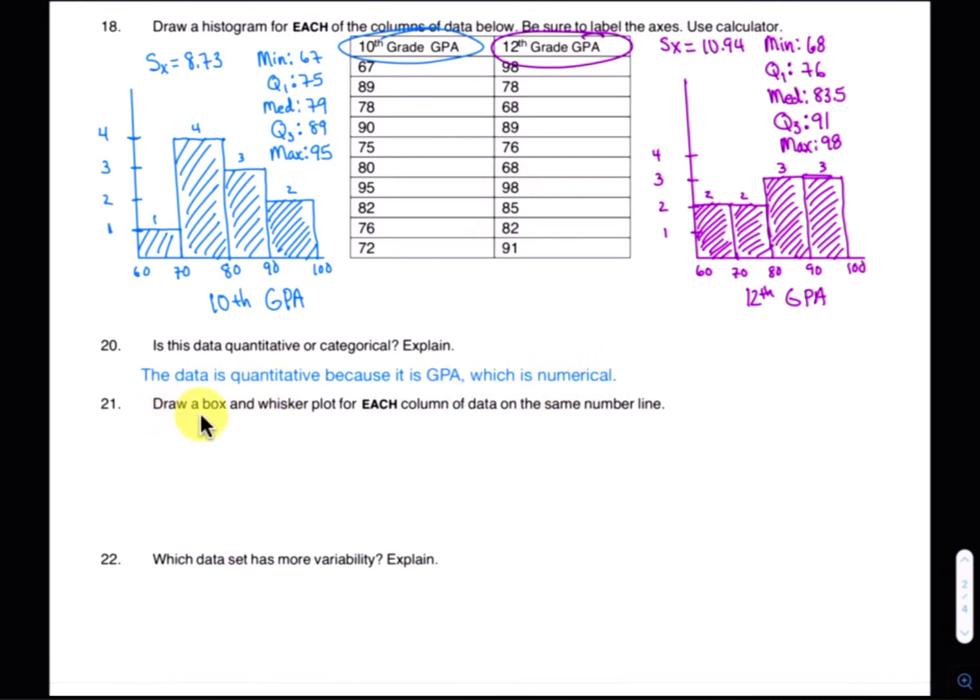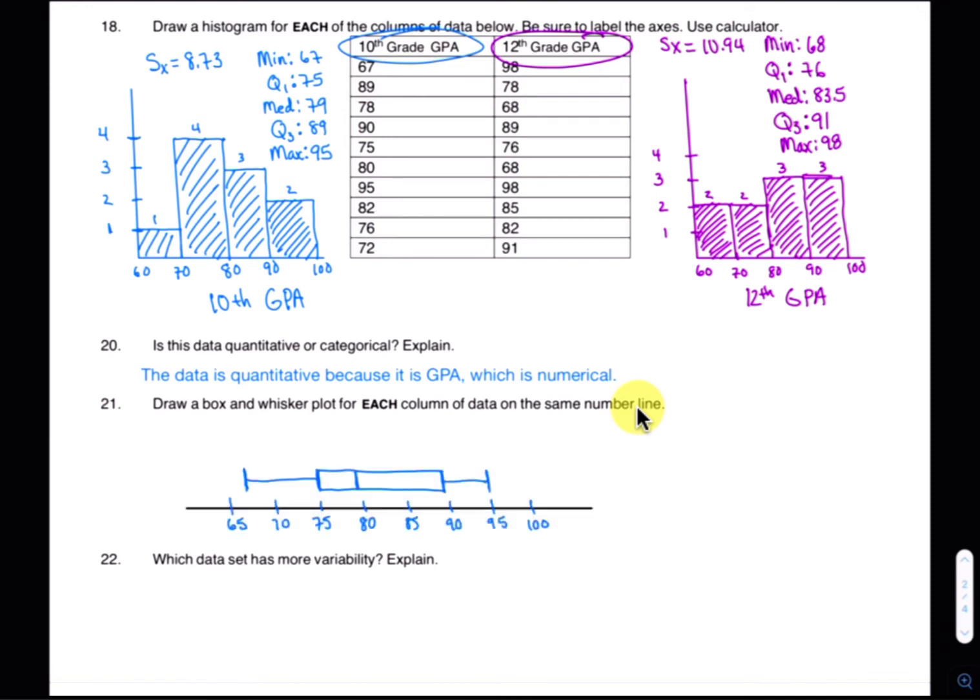Number 21, draw a box and whisker plot for each column of data on the same number line. First we draw a number line and we go from 65 all the way up to 100, because none of the numbers are as low as 65. I think the lowest one is here at 67, and they don't go all the way up to 100.